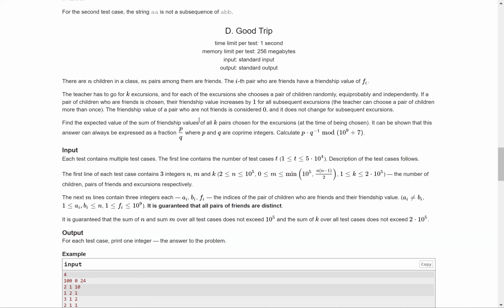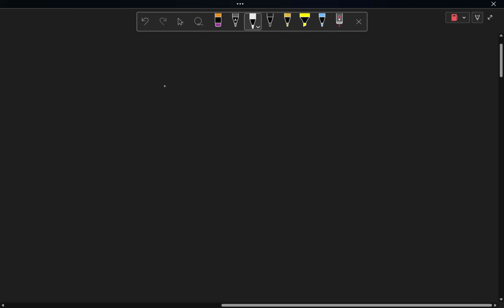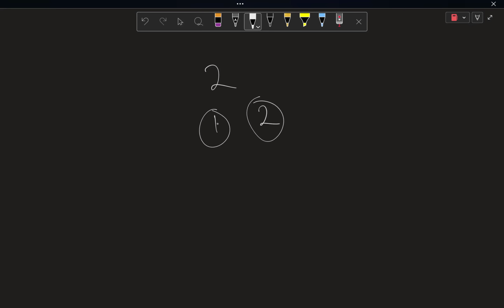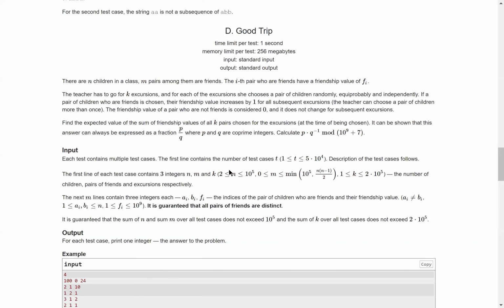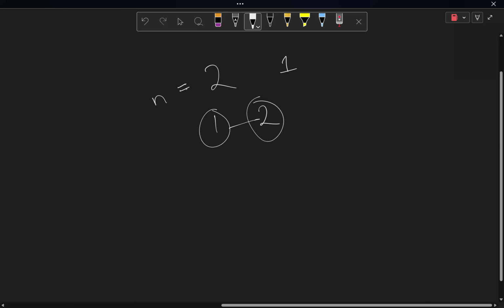So let me take an example here. Let us say n is the number of people, which is 2. Obviously, since there are two people, the two friends would be only 1 and 2.